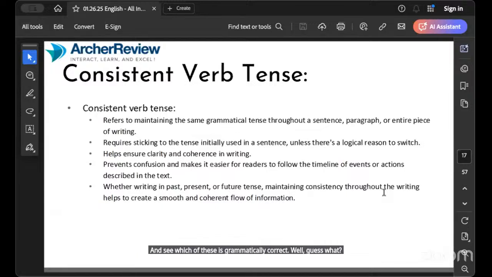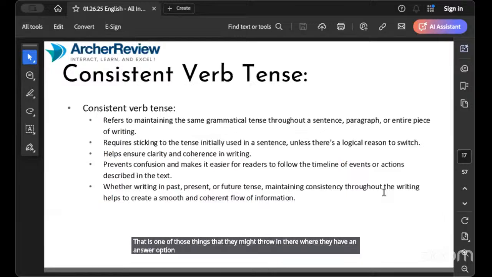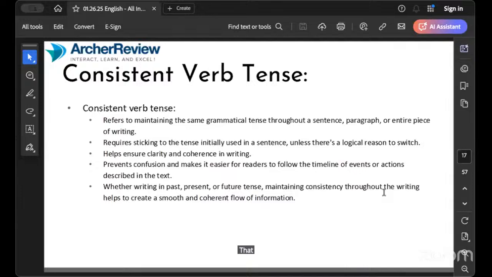In those, you want to make sure that you are looking to find that these sentences are expressing what we call consistent verb tense. That is one of those things that they might throw in there, where they have an answer option that is not expressing consistent verb tense. That would make it incorrect, so therefore it's not going to be one of your answers.